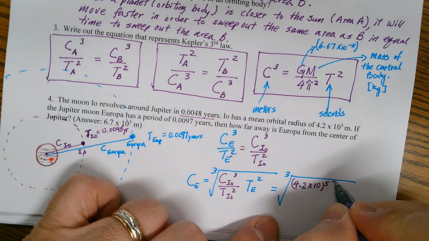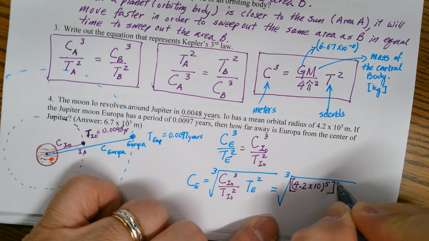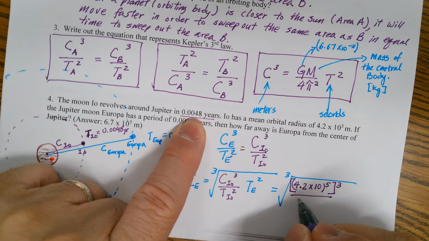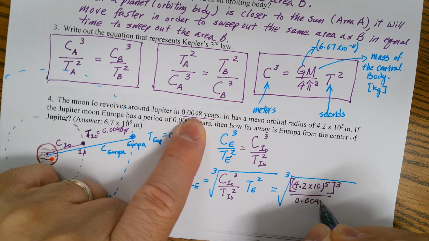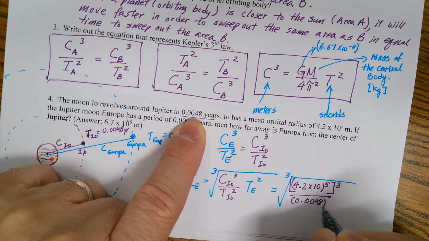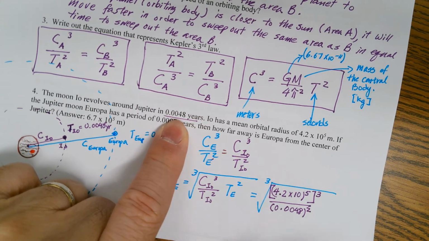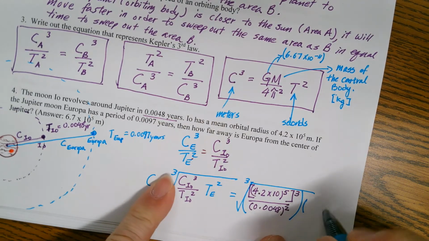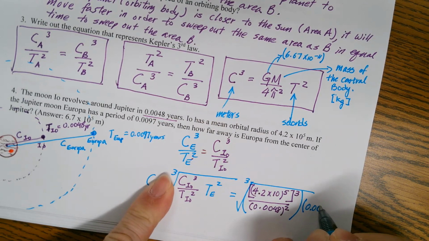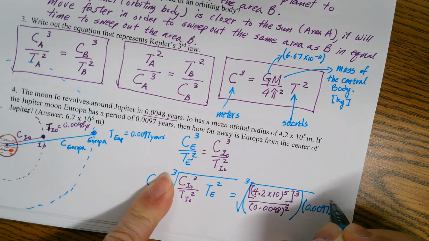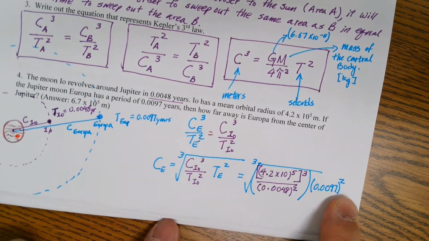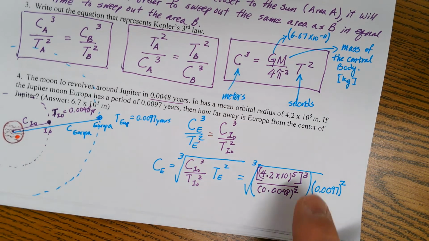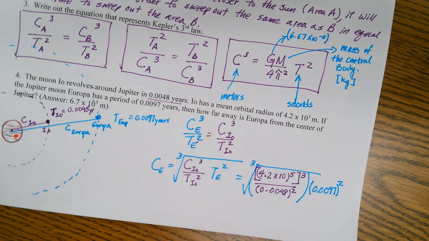You have to cube that, divide that by 0.0048 squared, times that by 0.0097 squared. So the year squared over year squared, the units will cancel out, and the meters cubed, cube rooted, will give you just meters.